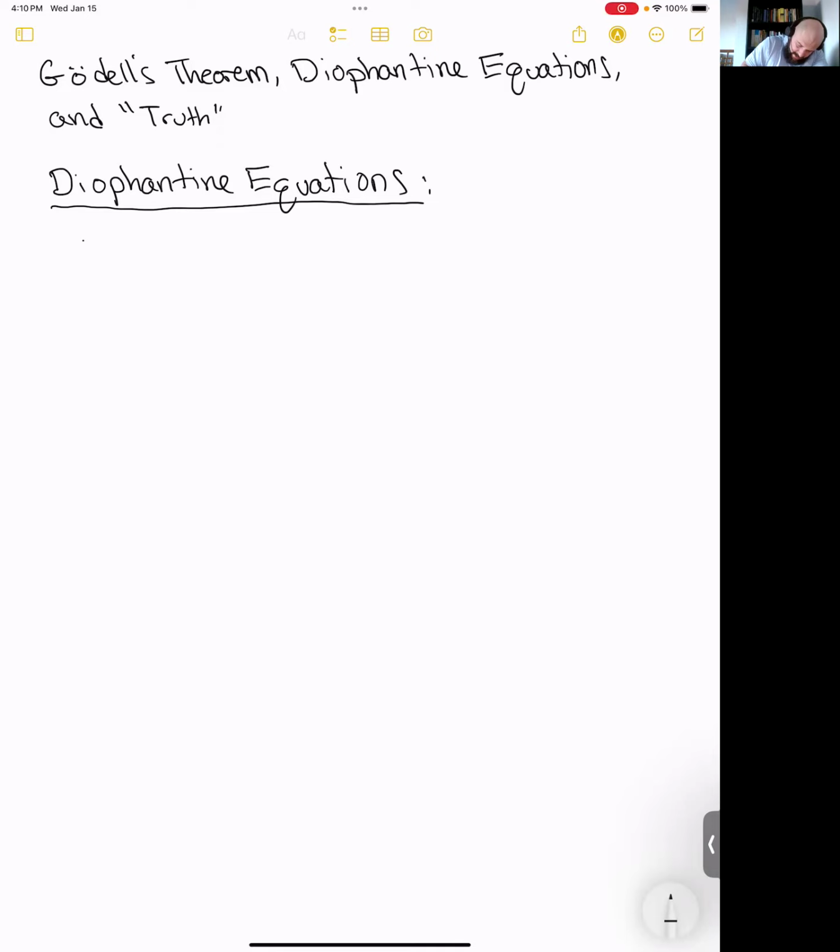If I use capital P to stand for a polynomial in however many variables I like, then it's a polynomial equation in n variables, and it's equal to 0. And what makes it Diophantine is where we look for solutions x1, x2, all the way up to xn, which are all integers, right?